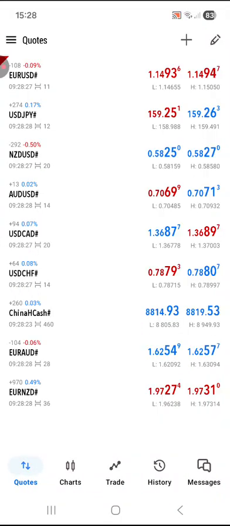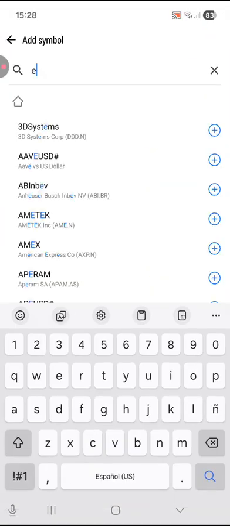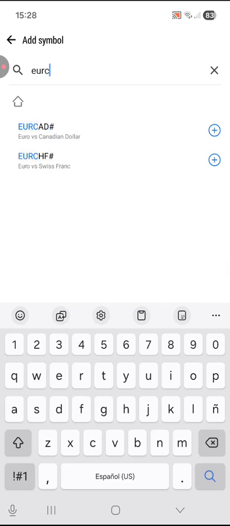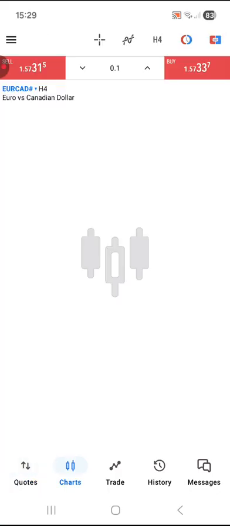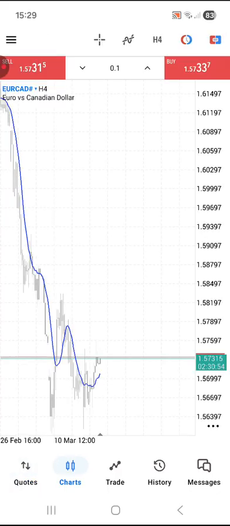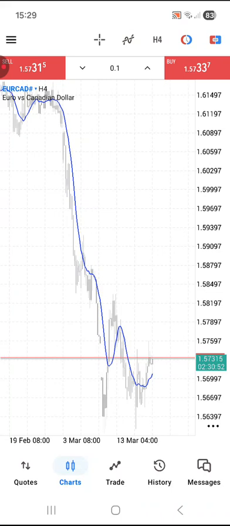And plus we can add a new currency pair. Euro Canadian dollar. There we go. There's Euro Canadian dollar. It's telling us to sell. Okay. Buy low, sell high. Selling above that blue line. This would be a good time to sell.